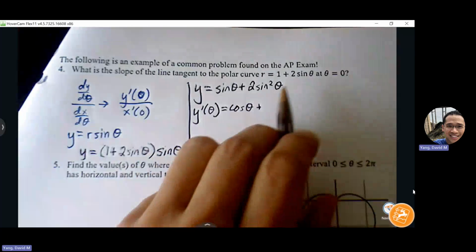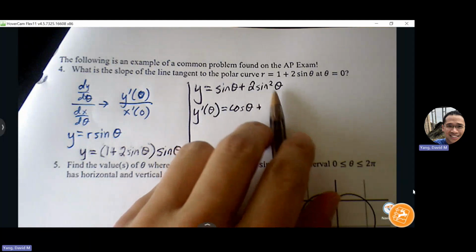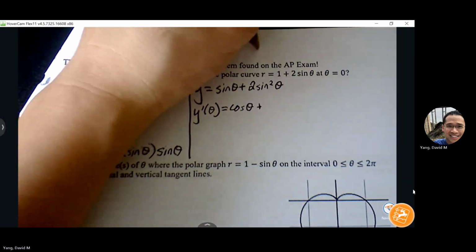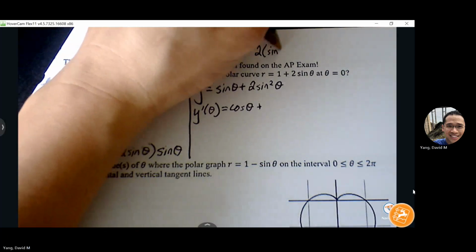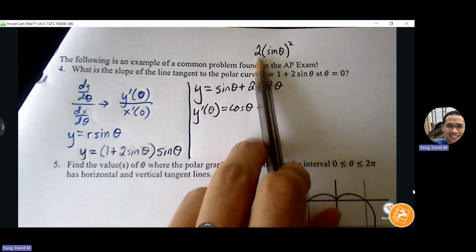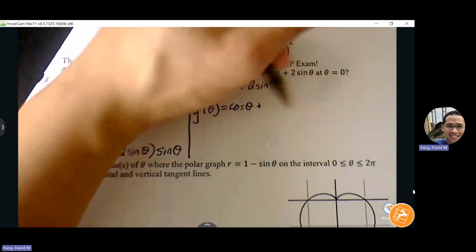Here, I'm just going to do chain rule instead. So outside derivative times inside derivative. So 2 sine theta. Same thing as that, right? You write it as 4 sine theta times cosine theta.